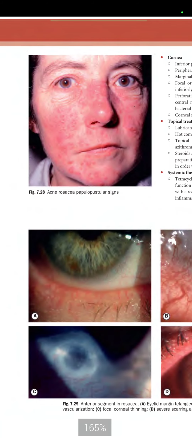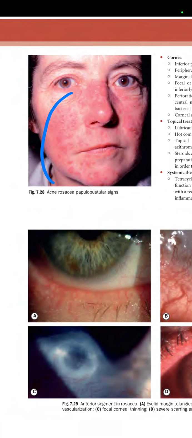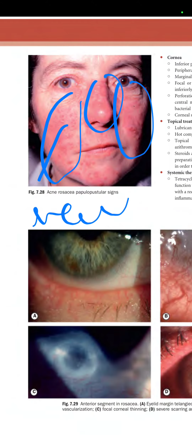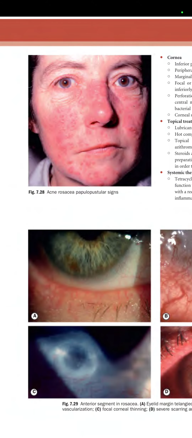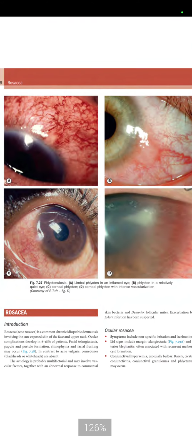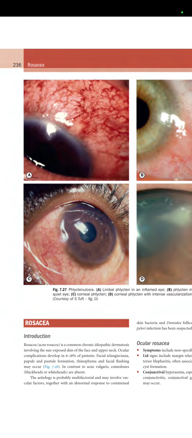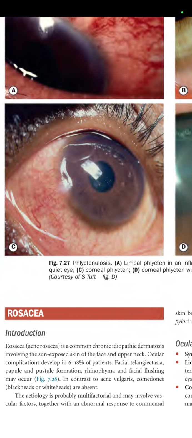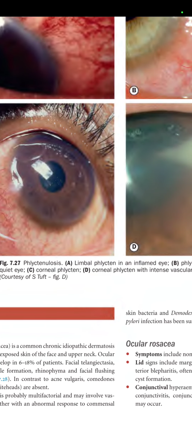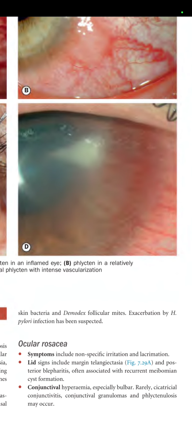So you can see that there is flushing of the skin of the sun exposed area, and there is papule formation, and there is a rhinophyma. The etiology is probably multifactorial and may involve a vascular factor together with an abnormal response to commensal skin bacteria and Demodex follicular mite.